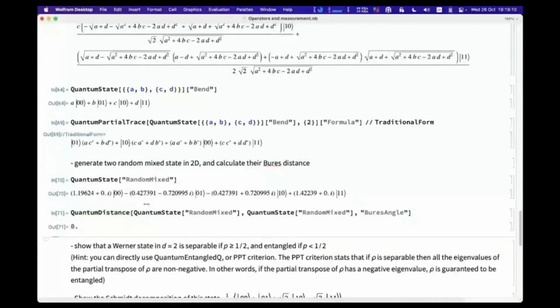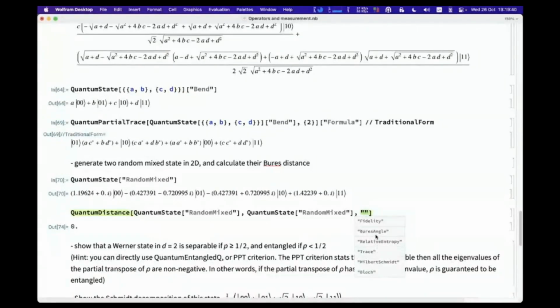Lucky us, in this case it turned out to be 0. But anyhow, quantum distance is the function that you can use for measuring the distance between two quantum states. The measures that we have are fidelity, trace, spurious angles, Hilbert-Schmidt distance, Bloch, and relative entropy.